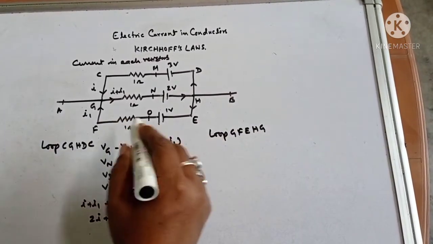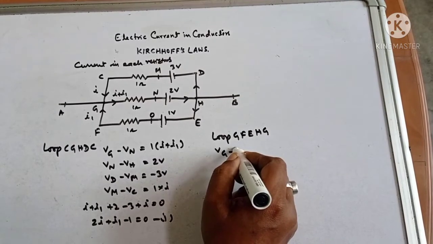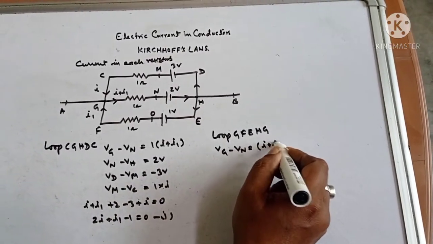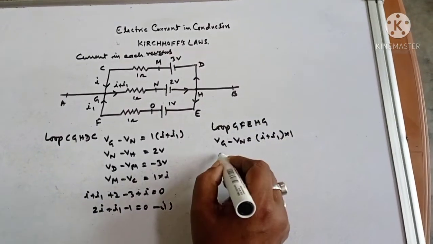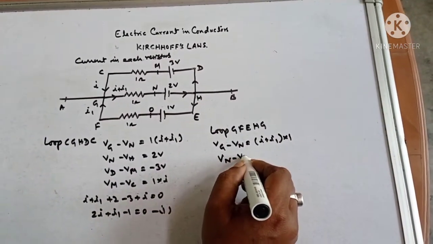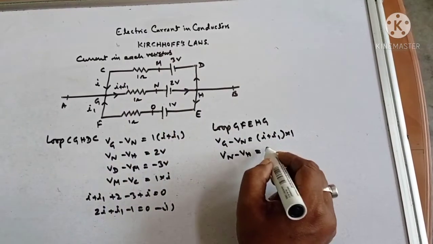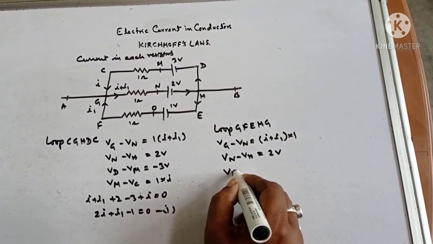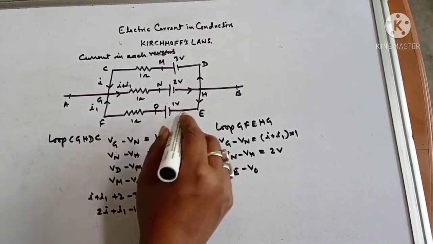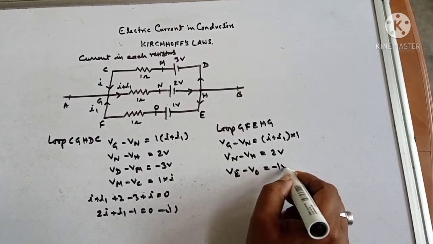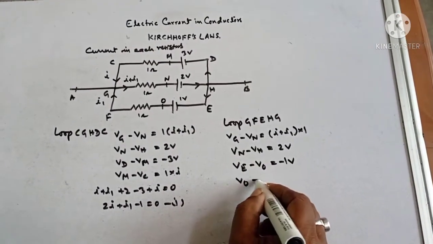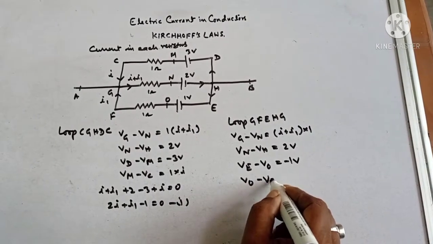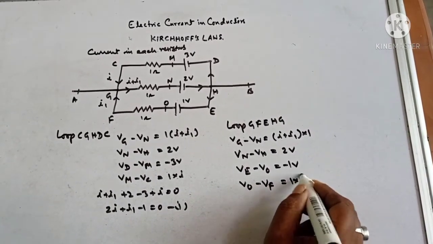Here you see again Vg minus Vh is equal to (I plus I1) into 1, and Vh minus Ve is, from higher to lower, 2, and Ve minus Vf from lower to higher, so this is minus 1, and Vf minus Vg is equal to 1 into I1.